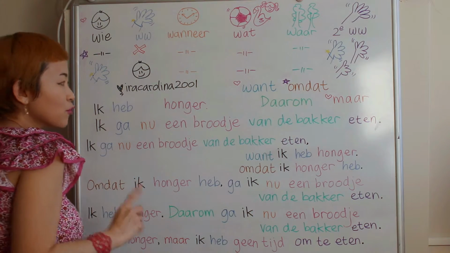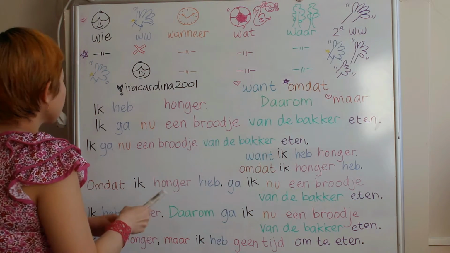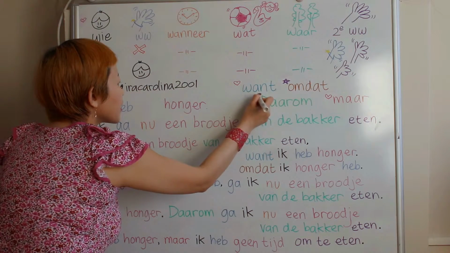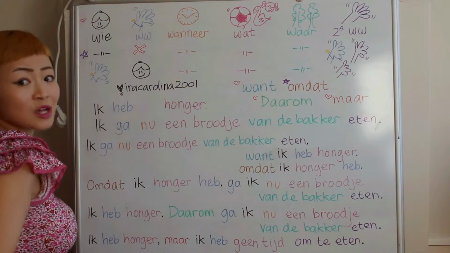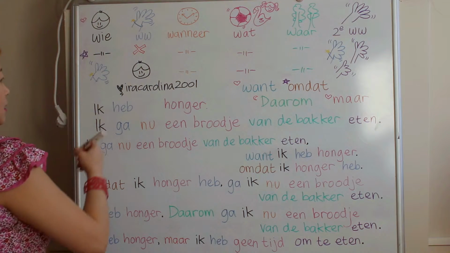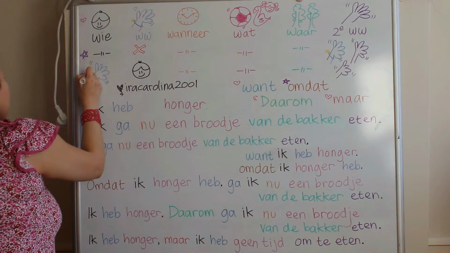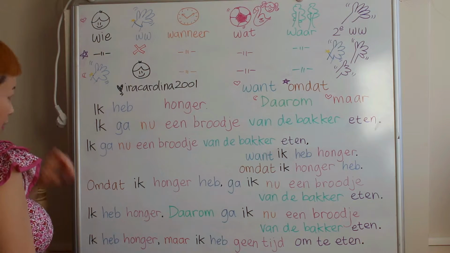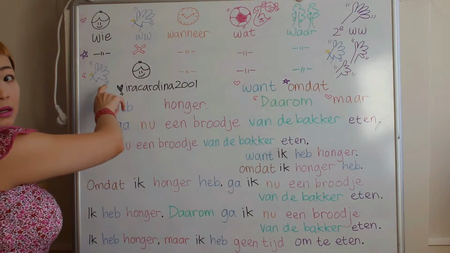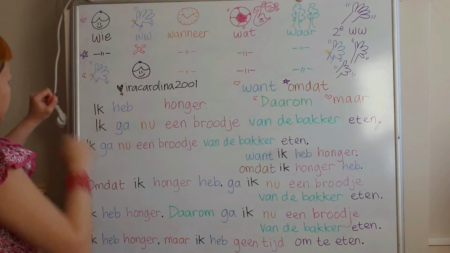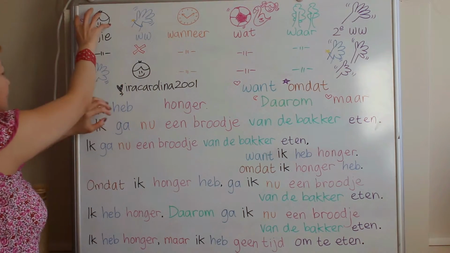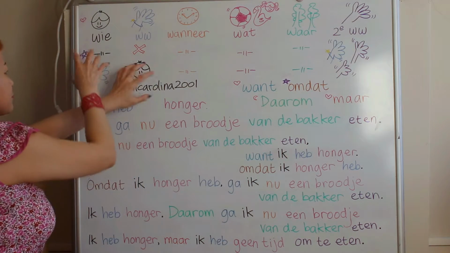And there's one more. I will put it here. After we use Daarom or that's why, the pattern, the formula is this way. After you put Daarom, we switch the subject and the verb.